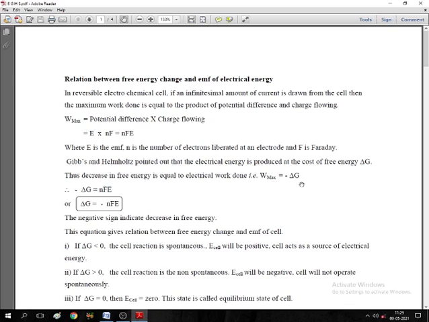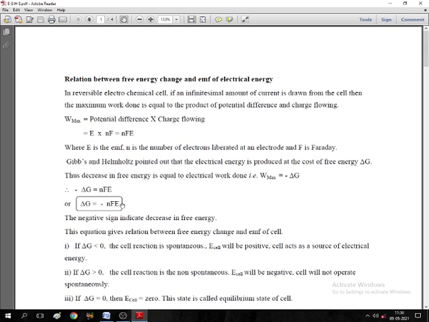Therefore W max is equal to minus delta G, so we can write minus delta G is equal to nFE, where nFE is equal to W max. Or if you rearrange it, delta G is equal to minus nFE.